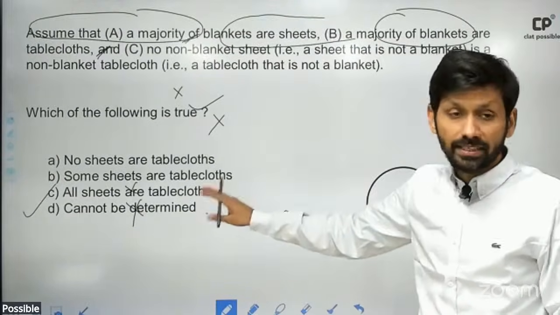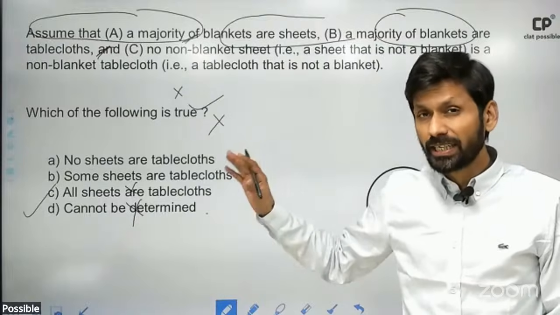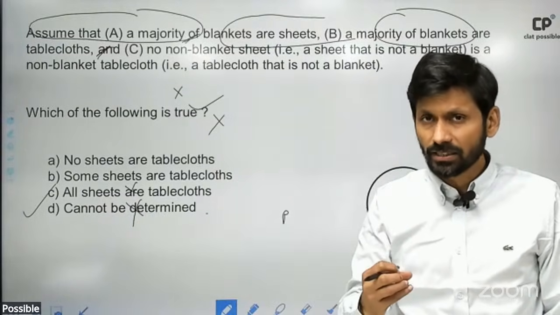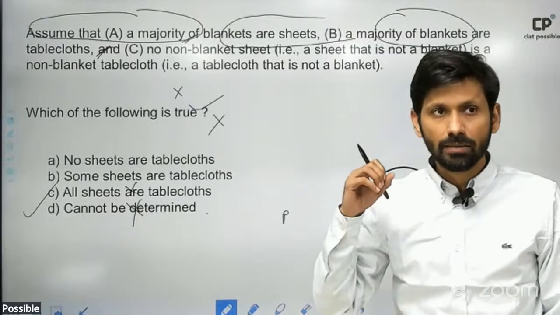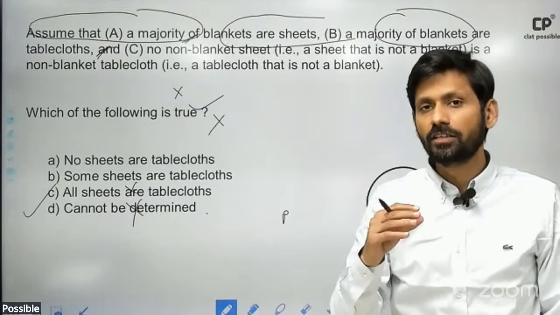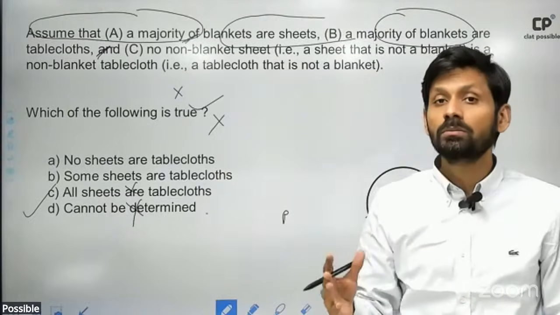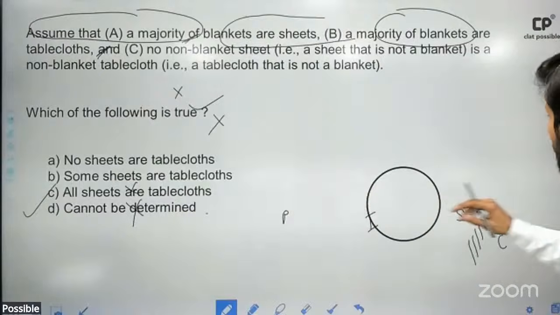For example, this had come, I think, in AILET 2023. Even though in AILET 2023 all the questions were based on passages, there was a passage in which there were some 4 to 5 deductive questions. Some were conditional, some were syllogism, some were crossovers of both. Okay? So this was one question that had come.